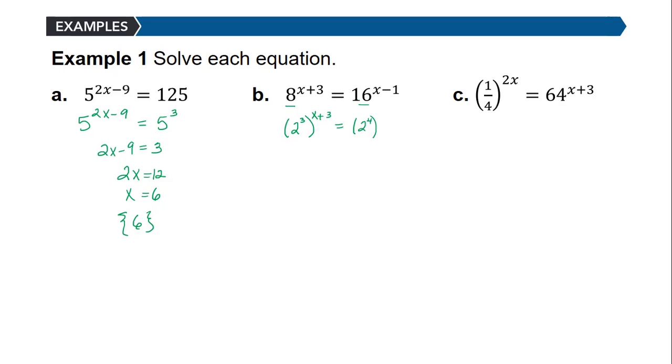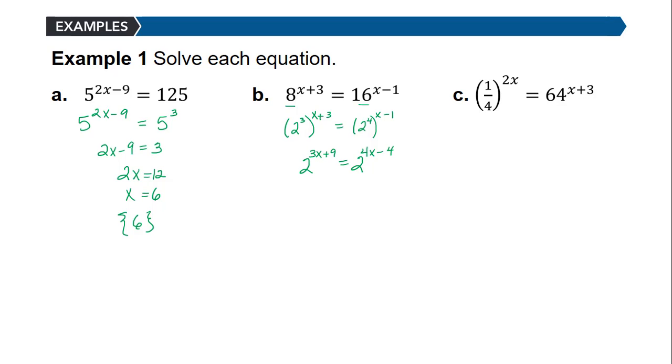So we have 2 to the 4 raised to the x minus 1. Now we can apply the power property of exponents that states when we raise an exponential expression to another exponent, we have to multiply the exponents. On the left, we multiply the exponents of 3 and x plus 3 to get 3x plus 9. And that is equal to, on the right, 2 to the 4 times x minus 1, which is 4x minus 4.